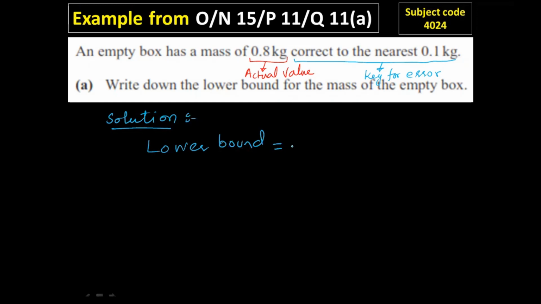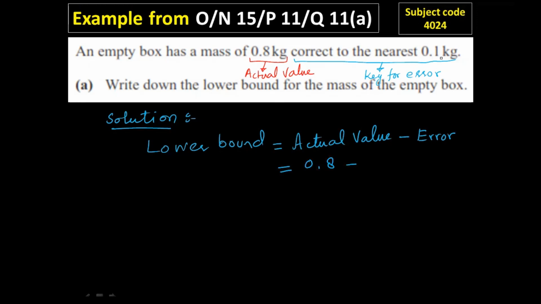The lower bound is equal to the actual value minus error. In this case, the actual value is 0.8 kilogram. So 0.8 minus the error, which is half of 0.1 kilogram.